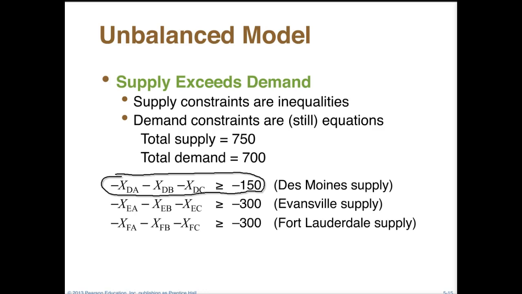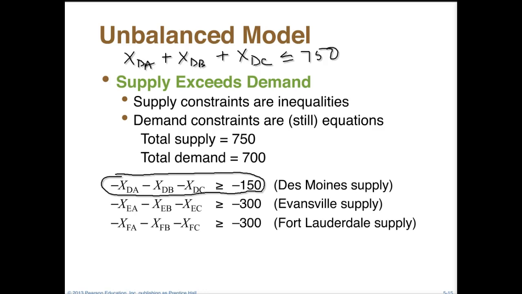So here's my point. If we were looking at this normally, we know that the number of desks coming from Des Moines to Albuquerque, plus the number of desks coming from Des Moines to Boston, plus the number of desks coming from Des Moines to Cleveland, would be 750 or less. And that is expressed as less than or equal to 750.